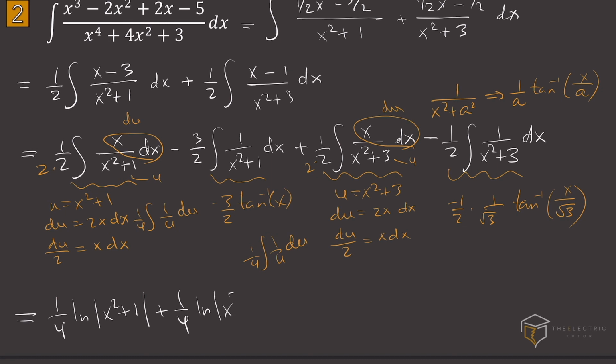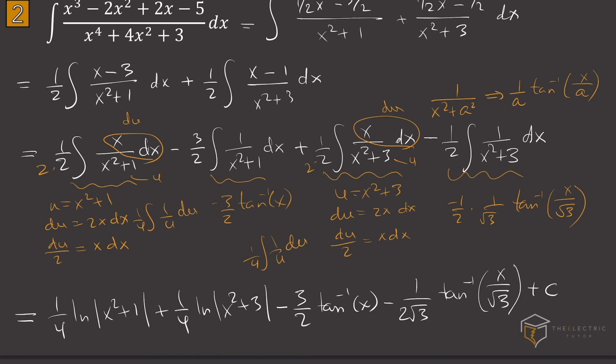Natural log absolute value x squared plus 3 minus 3/2, that's the second integral, inverse tangent x, and then the last integral is going to be minus 1 over 2 square root of 3 inverse tangent of x over square root of 3 plus c.